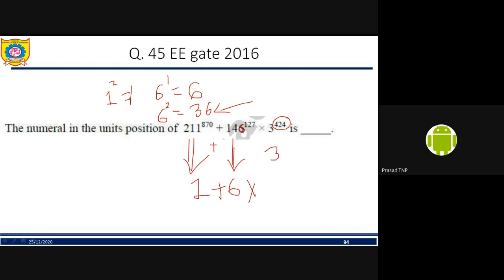This is a trick for such questions where power is asked. 424 divided by 4 gives remainder 1. So 3 raised to 1 is 3. And here you can easily calculate the power.